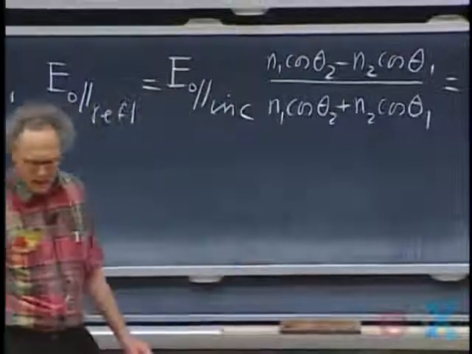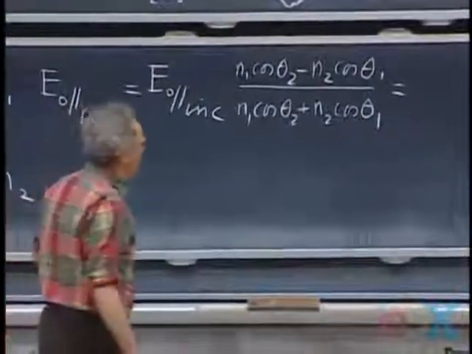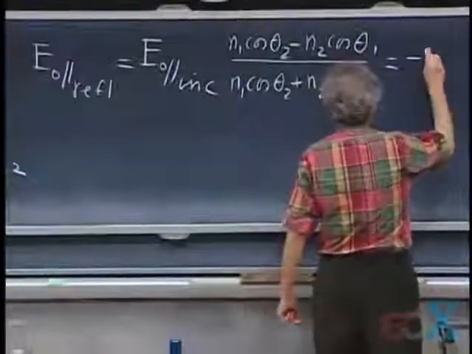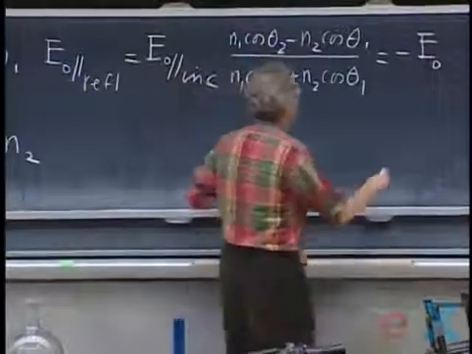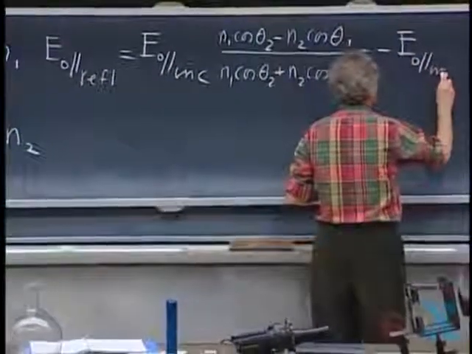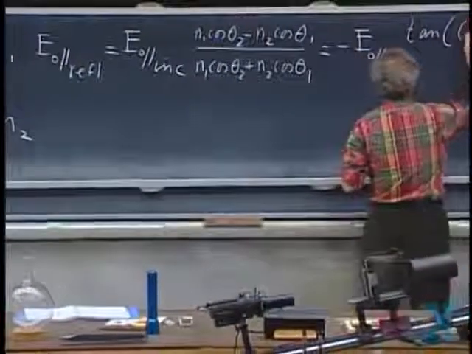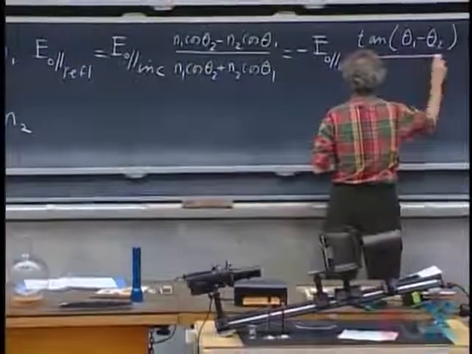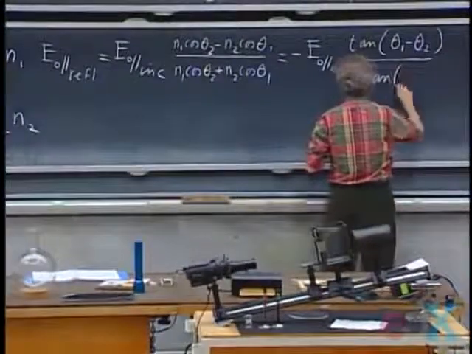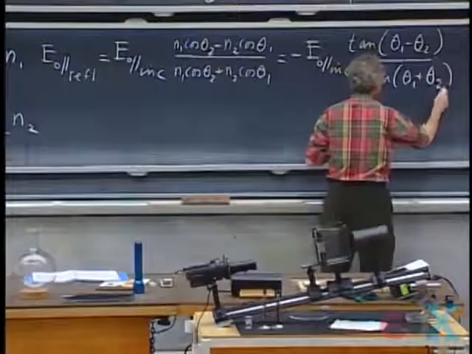And if you apply Snell's law, you can simplify this equation. In this case, it will help us. And so you get minus E0 parallel incidence, and now you get here the tangent of theta 1 minus theta 2 divided by the tangent of theta 1 plus theta 2. So these two equations are identical.